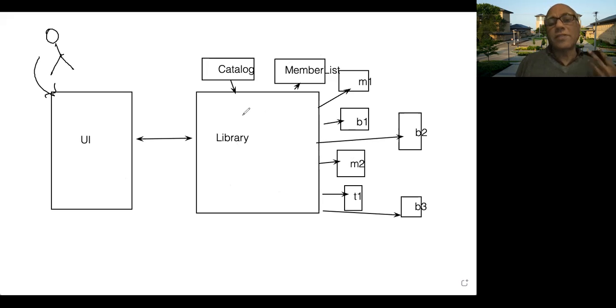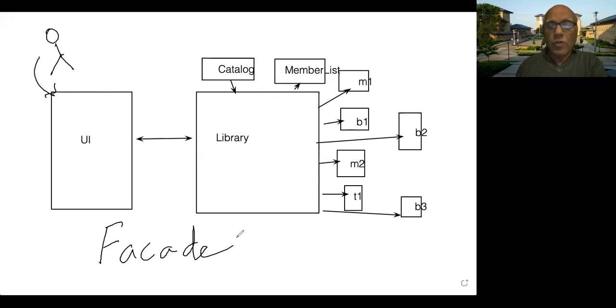So this behavior of the library is called facade. It is a design pattern. One of the 23 design patterns described in the Gang of Four book that came out in 1996, the original set of design patterns. What does a facade do?